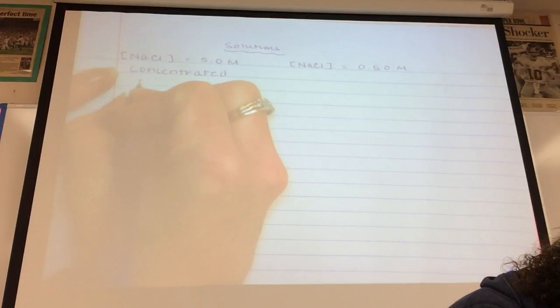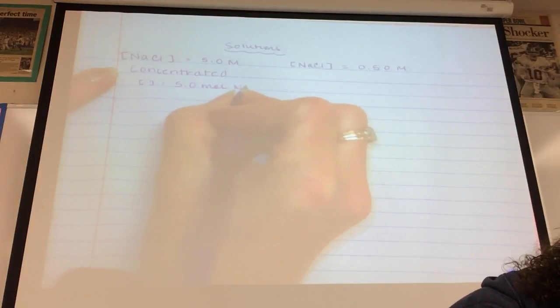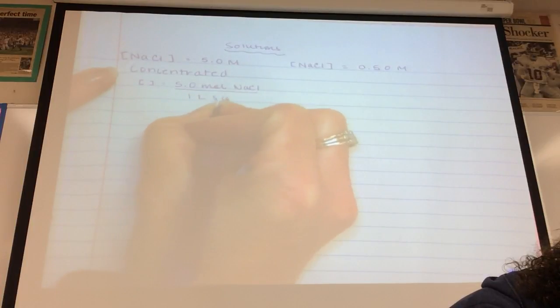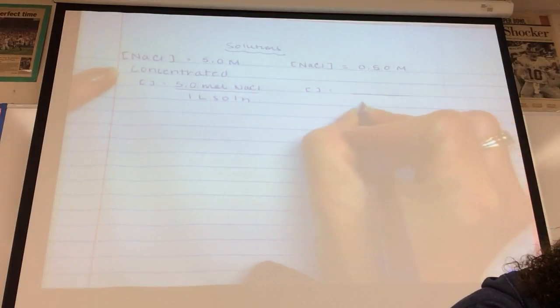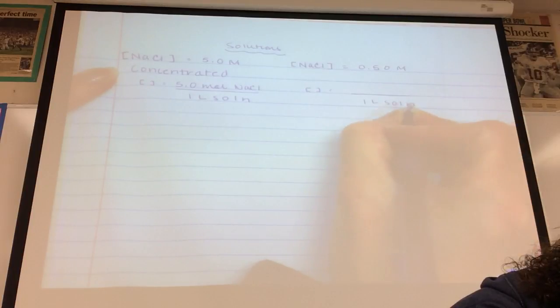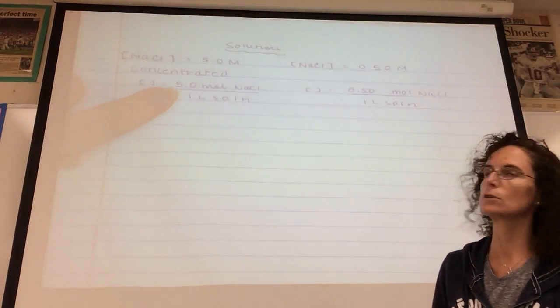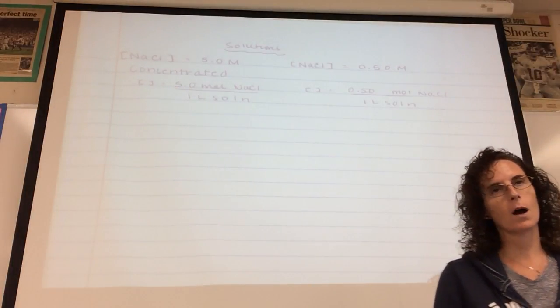So in regard to the concentration here, we have 5 moles of sodium chloride per 1 liter of solution. Well, if we look at the concentration here, keeping it at 1 liter of solution, how many moles of solute do we have? 0.5. So clearly what you're seeing here is that the concentrated solution has more moles of solute per same volume of solution.